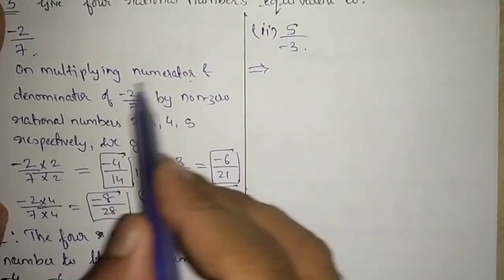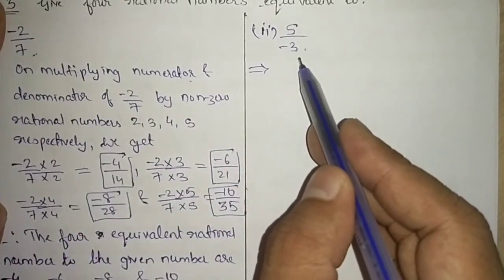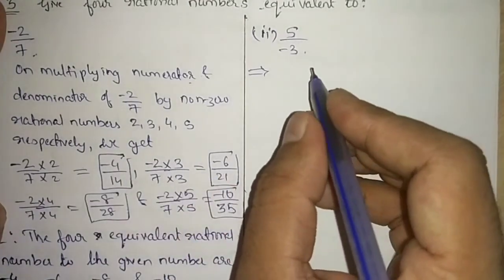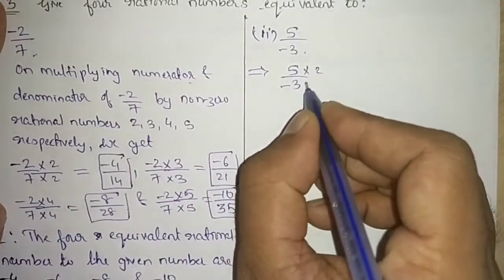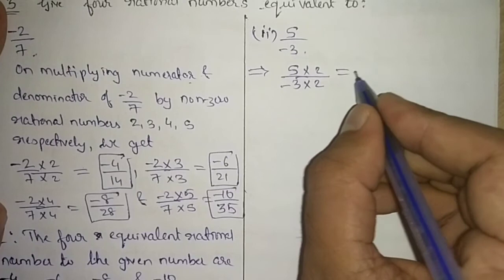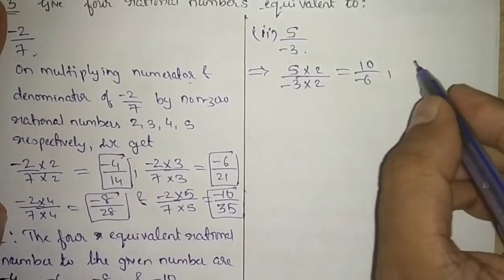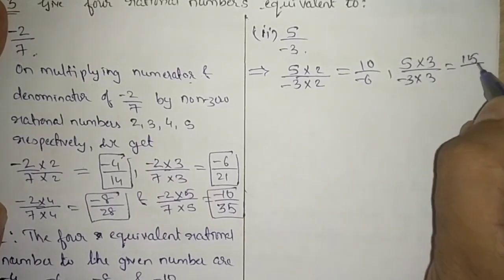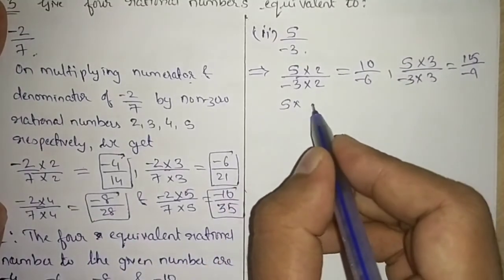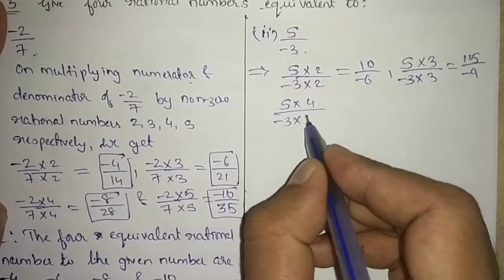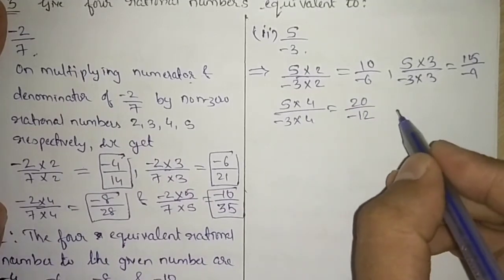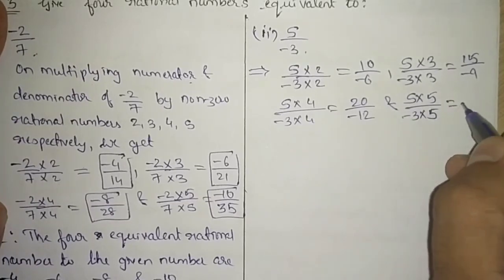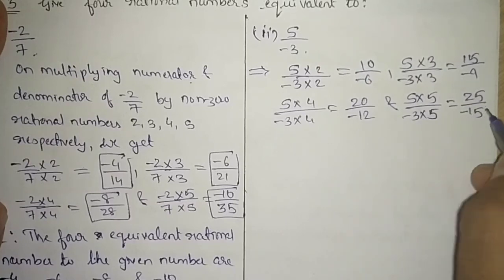On multiplying numerator and denominator of 5 divided by minus 3 by non-zero rational numbers 2, 3, 4, 5 respectively, we get 5 into 2 divided by minus 3 into 2, which is 10 by minus 6. 5 into 3 and minus 3 into 3 will give me 15 by minus 9. 5 into 4, minus 3 into 4, 20 by minus 12, and 5 into 5 divided by minus 3 into 5 will give me 25 by minus 15.